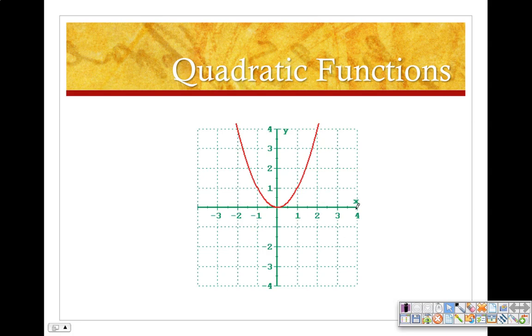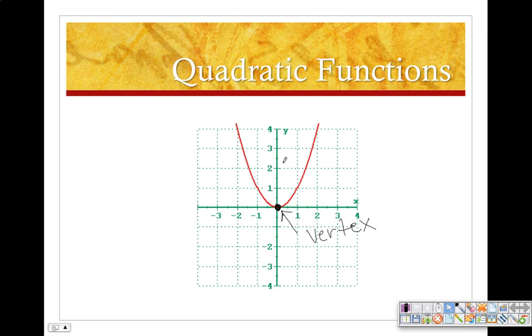Let's get some notes about parabolas or quadratic functions. Right here, that point is called the vertex of the parabola. Now think about folding this thing in half. Think about taking both sides here and folding it in half.